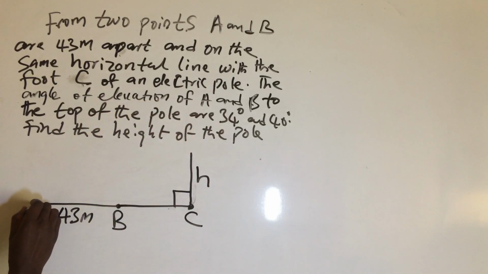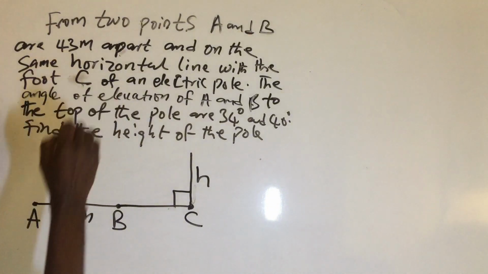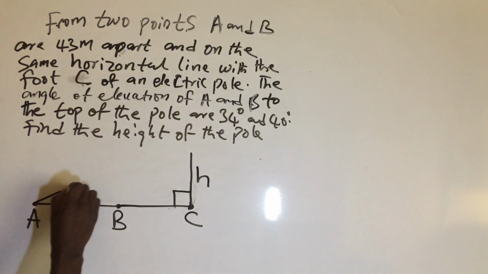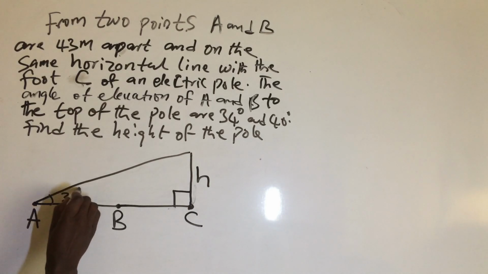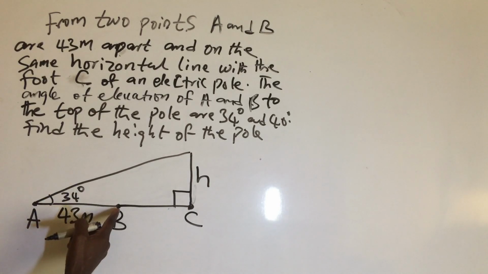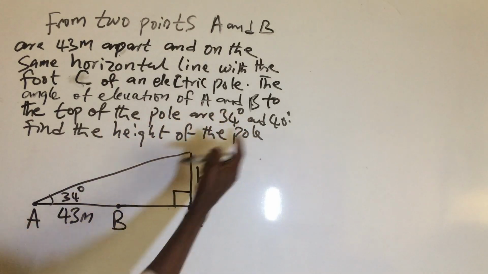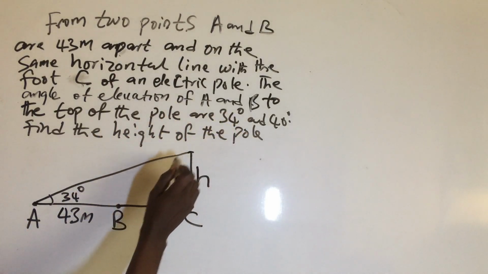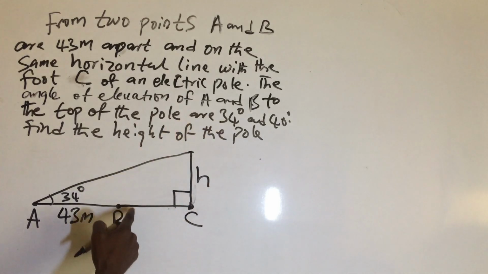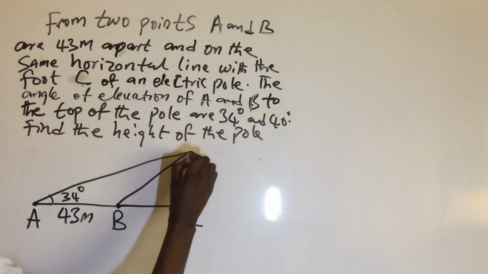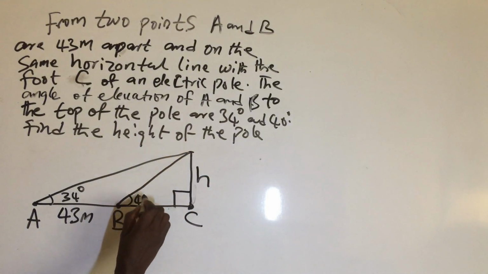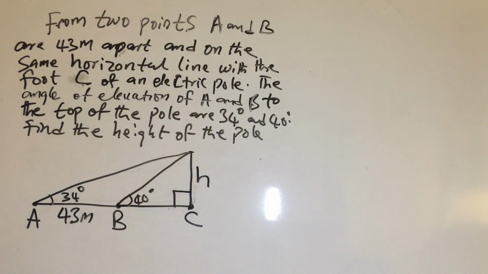So from point A, looking up to this pole, the angle will be 34 degrees. And B makes an angle of 40 degrees with the top of the pole. The angle of elevation of B to the top of the pole is 40 degrees, okay? Now, this is the drawing which forms the triangles, okay?